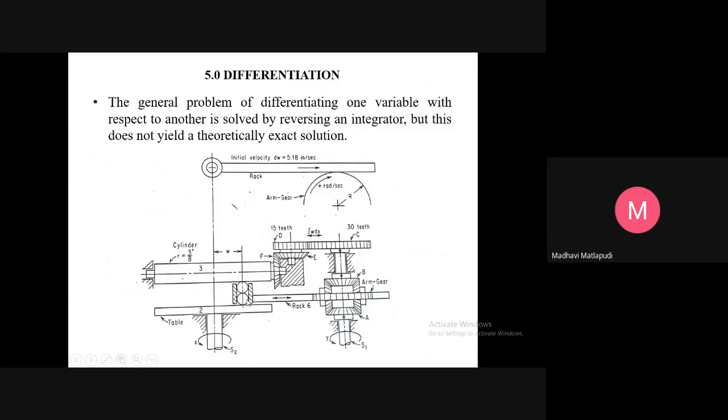The bottom ball rolls on disk 2. This disk 2 in turn gets motion from shaft S2 with X input rotation. The motion that is transmitted from disk 2 to the bottom idler ball is further transmitted to the top ball, and this allows link 3, that is the cylinder, to roll about its axis.